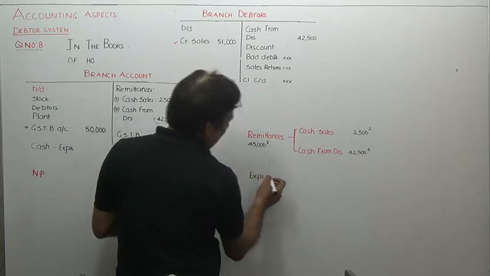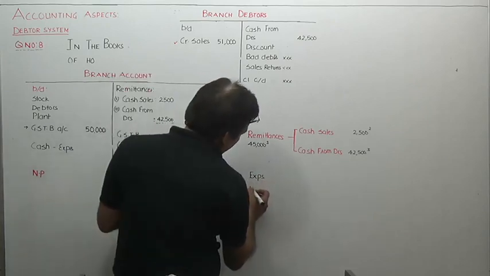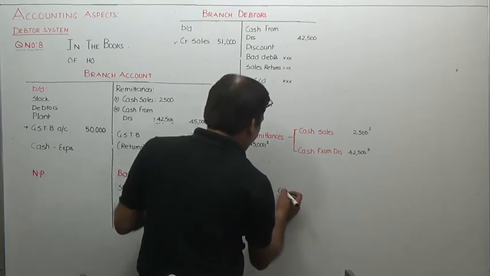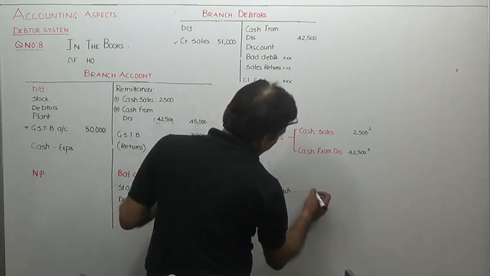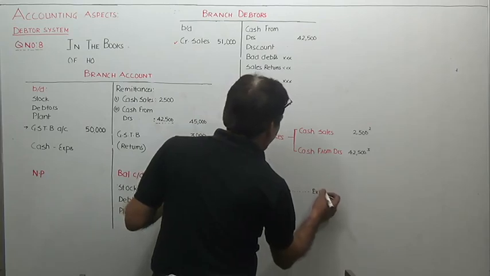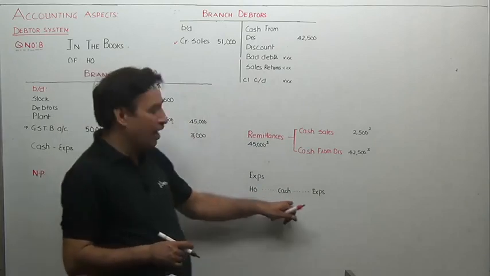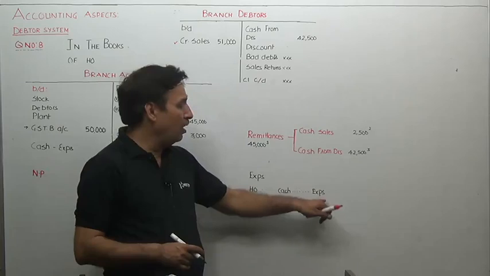You will have to analyze it this way: head office sent cash to branch, and branch paid the expenses. You will have to interpret it this way round. Head office sent cash and branch spent the amount.